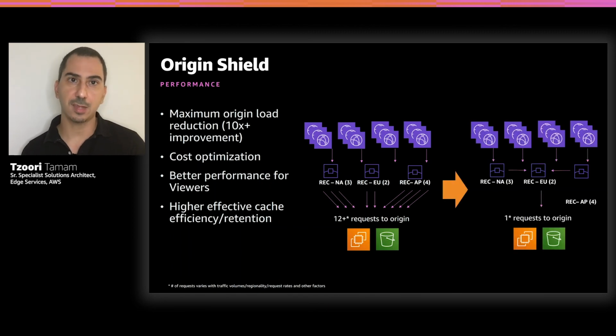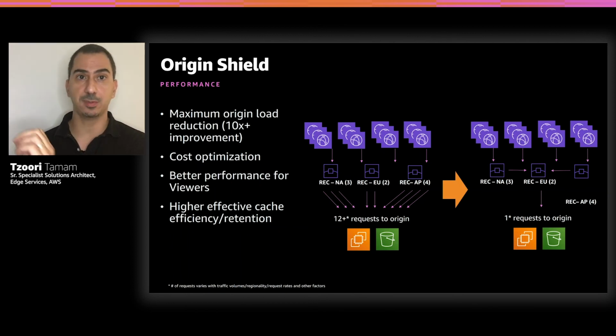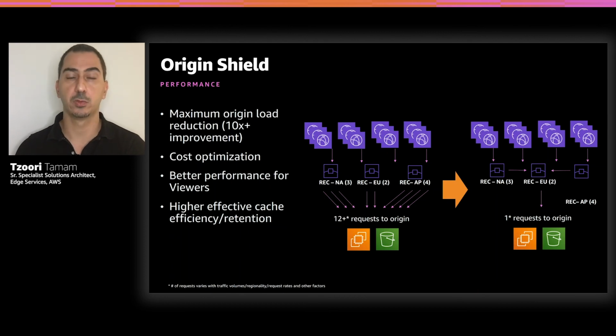So for these use cases, we released Origin Shield, which allows our users to designate one of the 12 regional edge caches as the Origin Shield, which forces all regional edge caches to check with that specific regional edge cache before traffic is forwarded to the origin. So basically, let's say you have this new game update or a live media event, the origin keeps on producing new chunks, the edge caches don't have it, they will ask the regional edge caches, they won't have it.